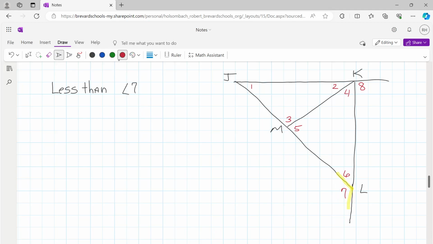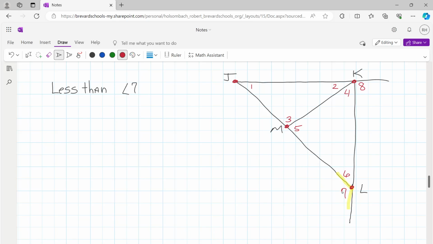Angle 7 is an exterior angle for triangle LKM. Agreed? And it's also an exterior angle for triangle LKJ. So that means that angle 7, we need all the angles less than angle 7.